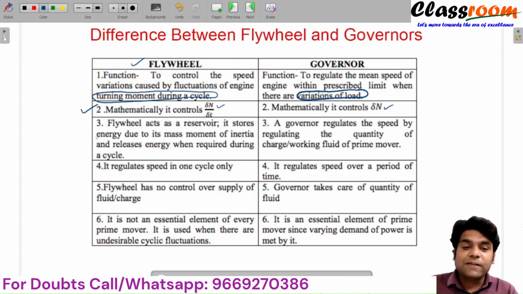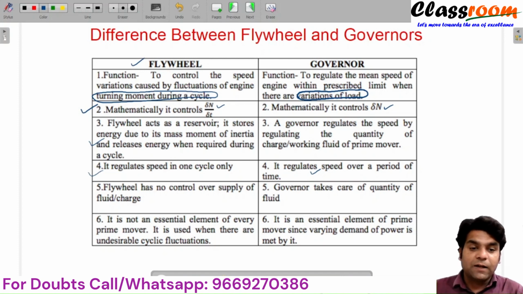The flywheel acts as a reservoir to store the energy due to the mass moment of inertia and releases this energy whenever required, whereas governor regulates the speed of the engine by controlling the quantity of working fluid or fuel supply. Flywheel regulates the speed in one cycle only, and governor regulates the speed during a period of time whenever there is a load fluctuation.